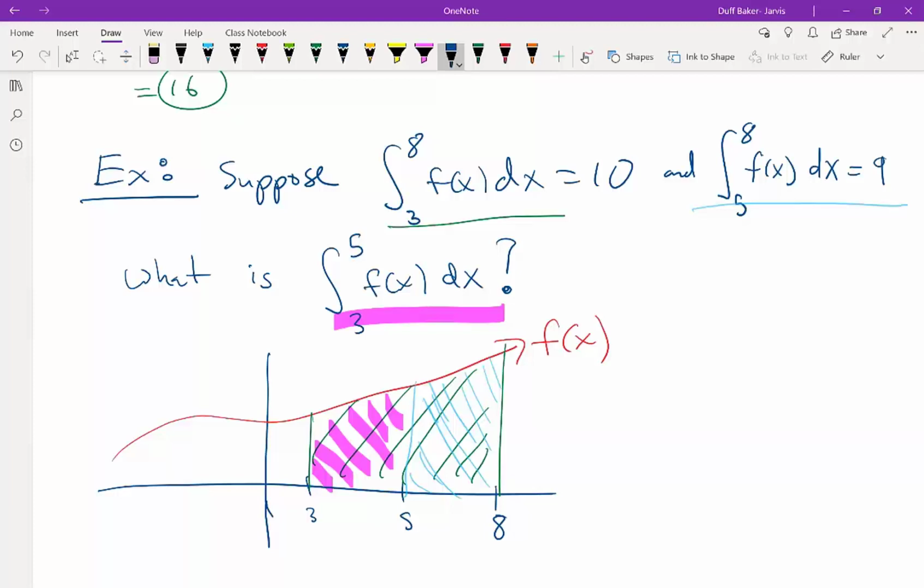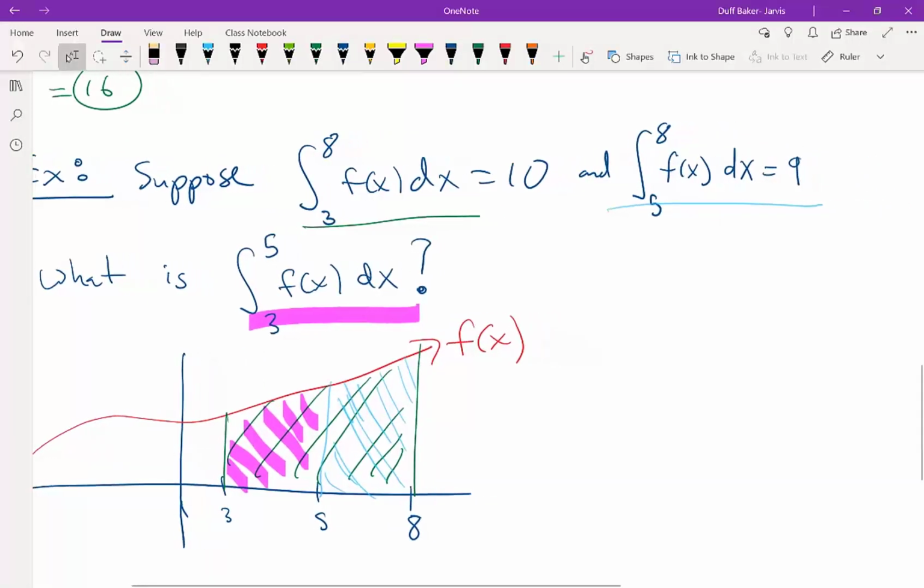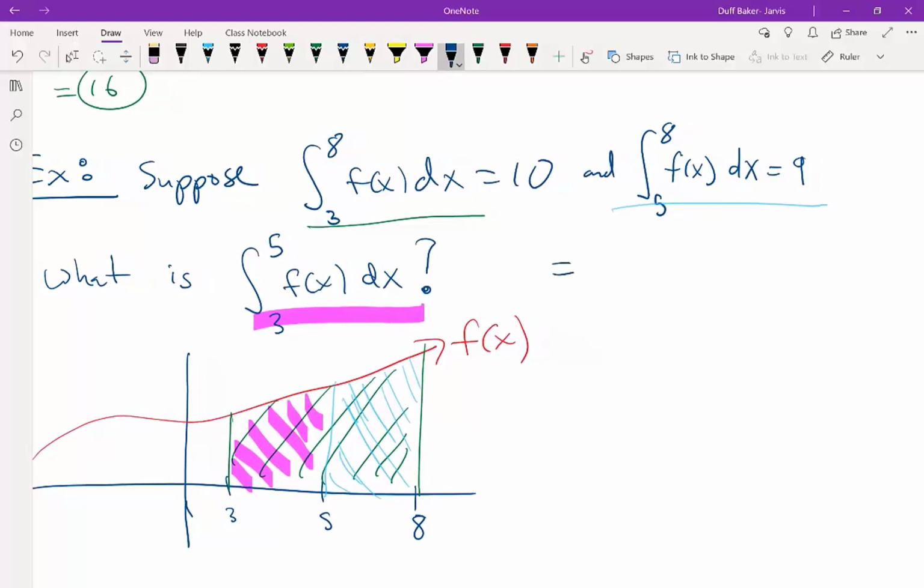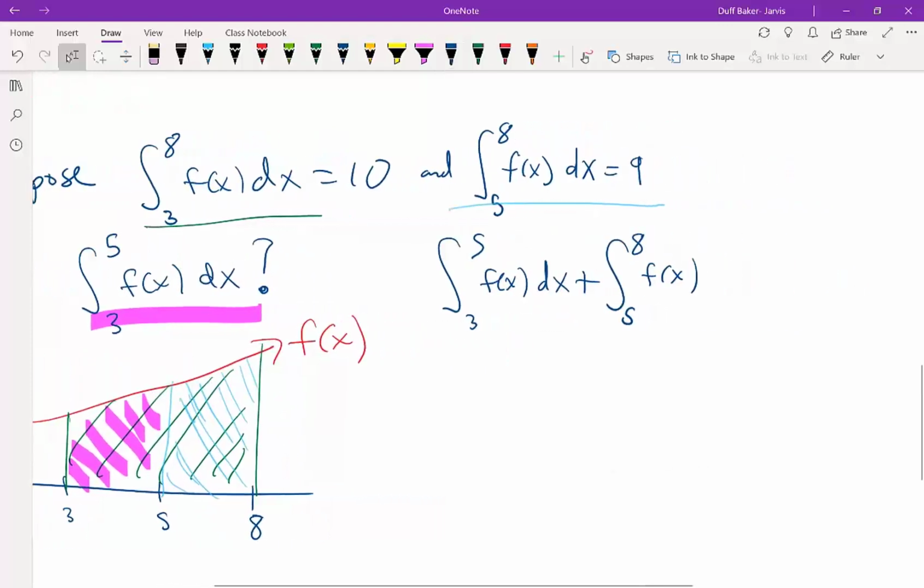So there's a couple ways to think about this. You could just look at the picture, or you could recognize that the integral from 3 to 5 plus the integral from 5 to 8 has to be the entire thing from 3 to 8.